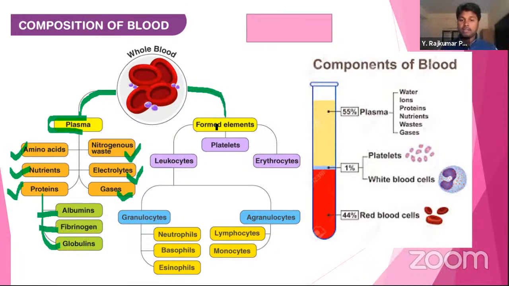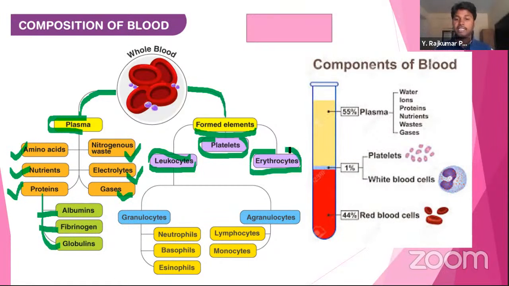Okay. Under the formed elements, what are the formed elements present in the blood? Here you find the blood cells: leukocytes, which are called WBC, white blood cells, and platelets, which are called thrombocytes, and erythrocytes, which are also called RBC.